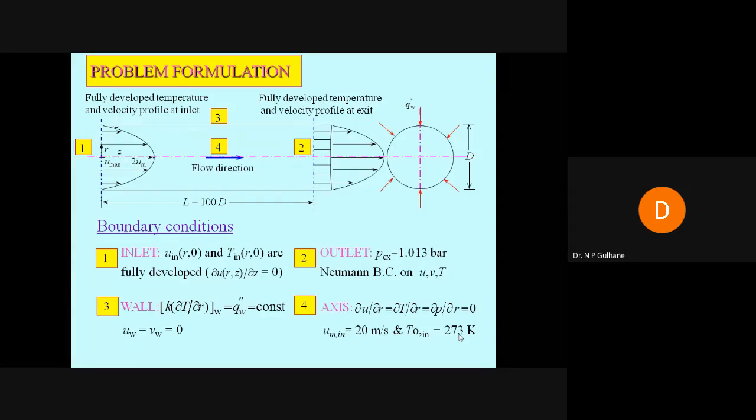So this is how we have formulated the problem. Now we have to mesh the geometry, export the geometry into Fluent, and go for pre-processing, post-processing, and the result analysis. So we have started the application of this CFD. Okay, so this is the problem definition, the problem we have formulated.